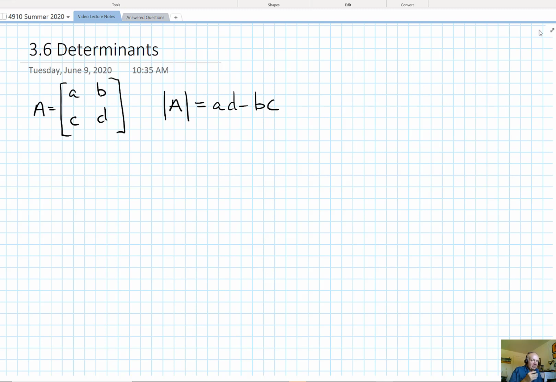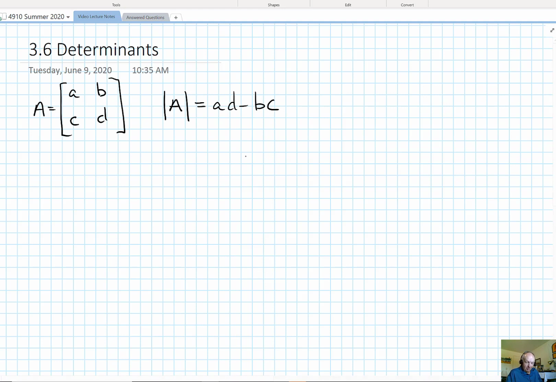All right. So now, for a 2 by 2 matrix, the determinant is simple. It's that little formula. For a 3 by 3, it's a little more complicated. For larger matrices, it's more complicated. But I guess the first question is, where does this even come from? Both in the 2 by 2 case and in the larger cases.